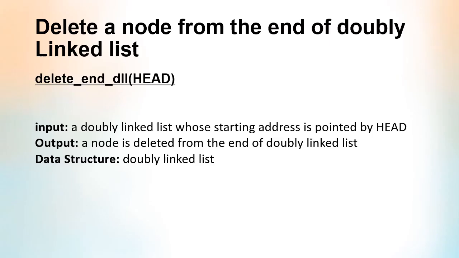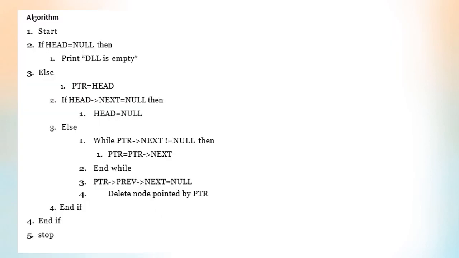Next is deleting a node from the end of the doubly linked list. This is the algorithm. Step 1, start. Step 2, we are checking whether the doubly linked list is empty or not. If head is equal to null, then print the message doubly linked list is empty.